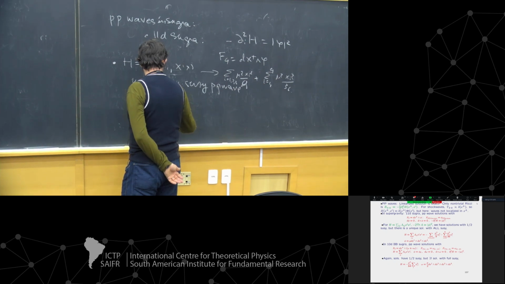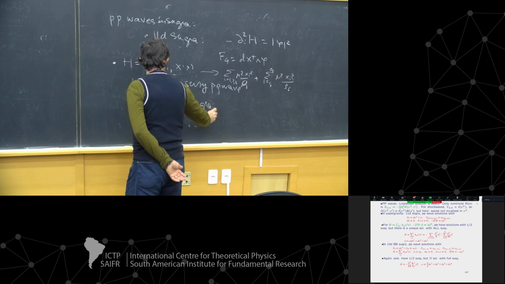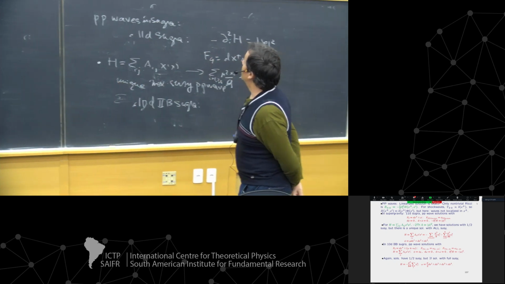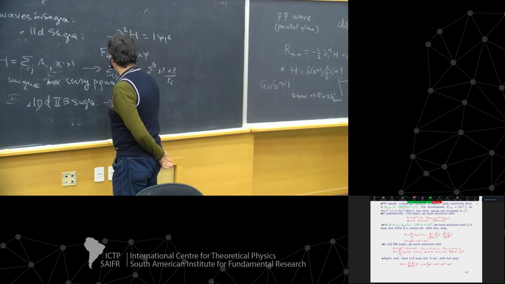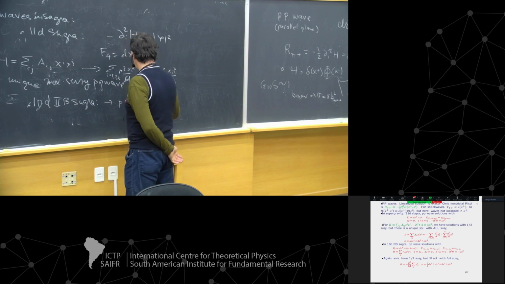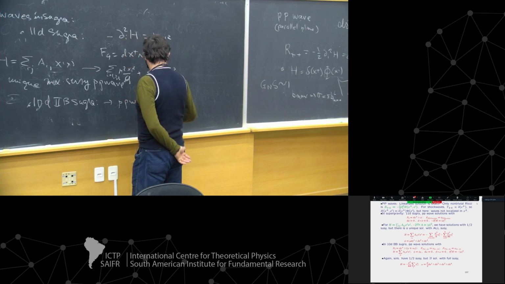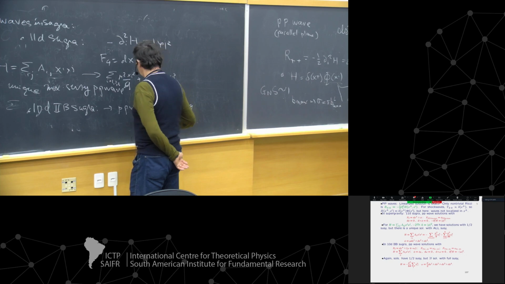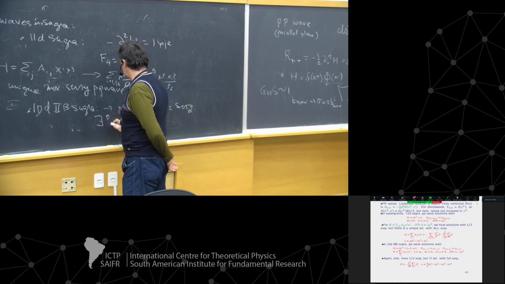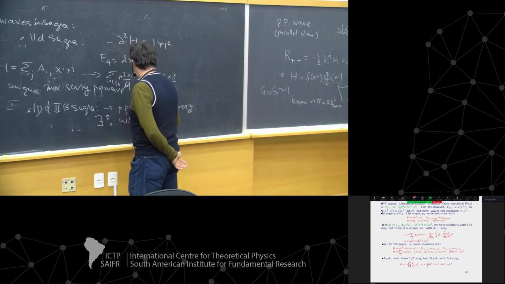For instance, 10-dimensional type 2b supergravity. Again, PP waves have generically 1/2 supersymmetry, but there is a unique one with full supersymmetry.